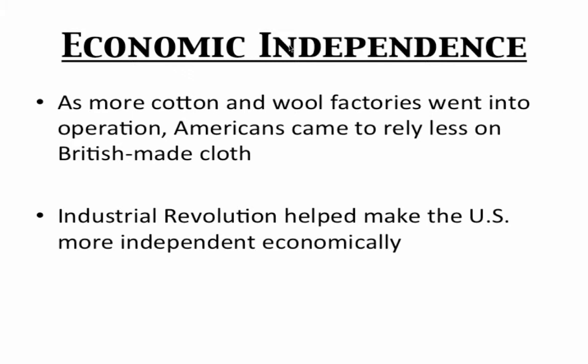Instead, we can produce our own. It's vital. It's extremely important that the United States becomes economically independent. We can become a global factor because we don't have to have clothing made from Britain. We can build it ourselves. We are no longer dependent upon anybody else to provide for us. We can do it on our own.